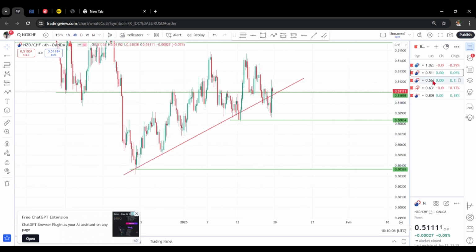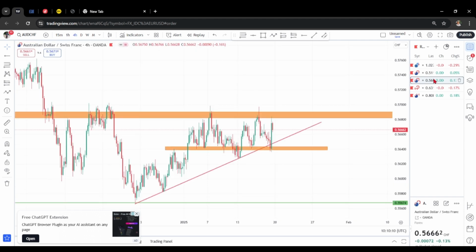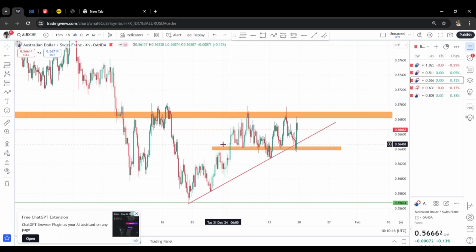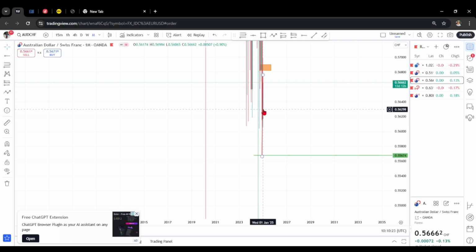So guys, let me give you another trade. This one is on AUD CHF. So like I said, guys, if you go to a higher time frame, let me just remove all these things so you guys can see what's happening.